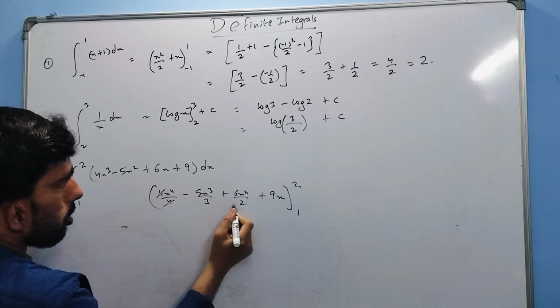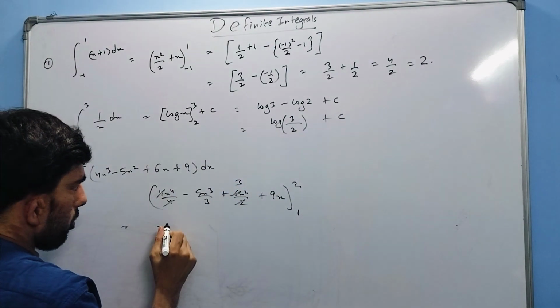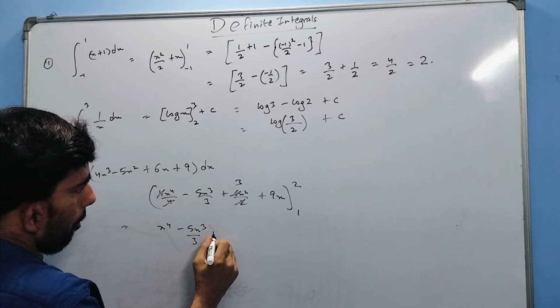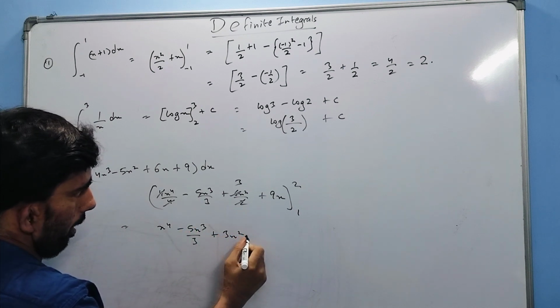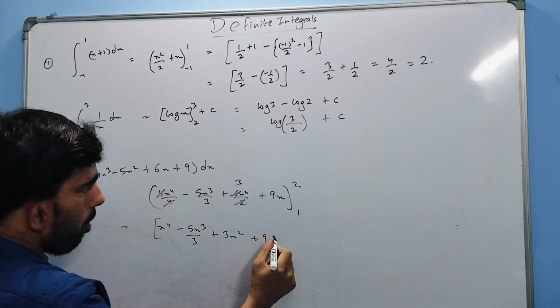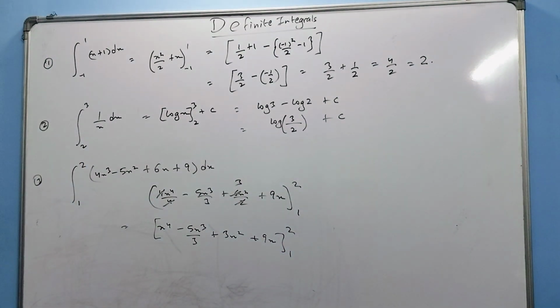Okay, first let us solve how much we can solve here. So I got x^4 minus 5x cube by 3 plus 3x square plus 9x. Now let us put the limit.